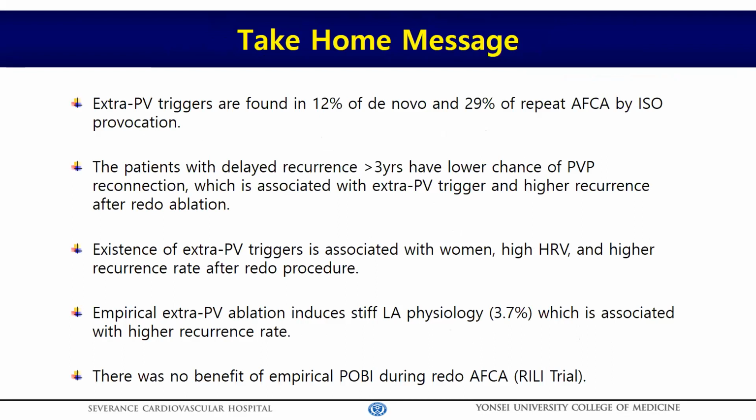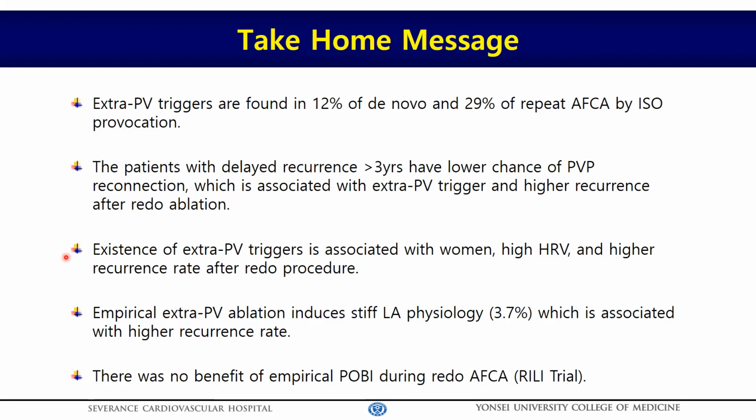So in conclusion, ladies and gentlemen, extra PV triggers are found in 12% of de novo and 29% of repeat procedures by ISO Provocation. Patients with delayed recurrence after 3 years have a low chance of PV potential reconnection, which is associated with extra PV triggers and higher recurrence rate after Redo ablation.